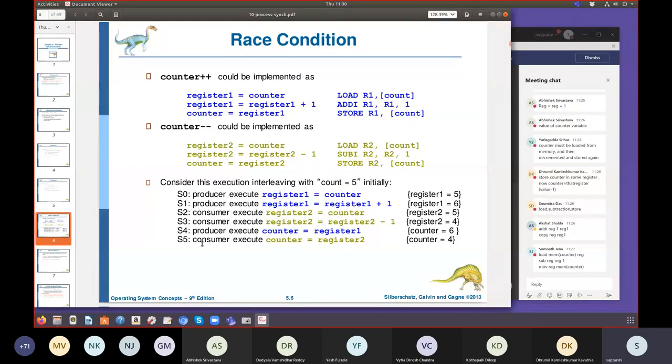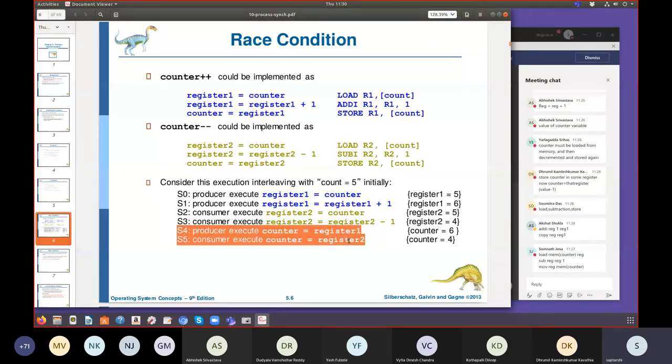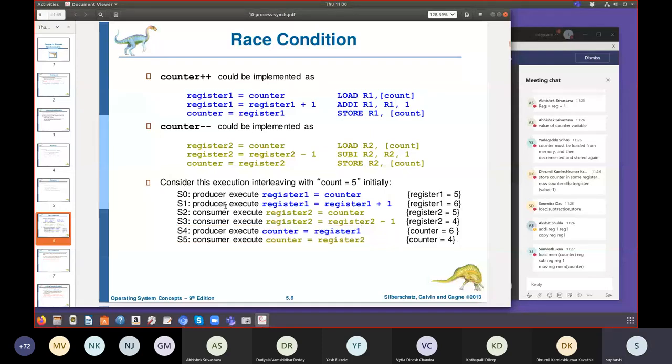So here also in these last 2 steps, if I reverse the order of these 2 steps, counter will end up with the value 6, not 4. Okay, so this is the situation where the final value of a variable or a memory location can depend upon the exact ordering of different instructions, which are spread across different processes.